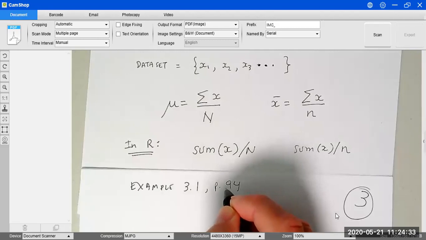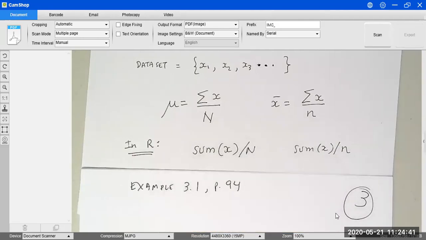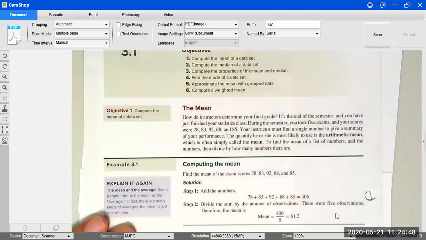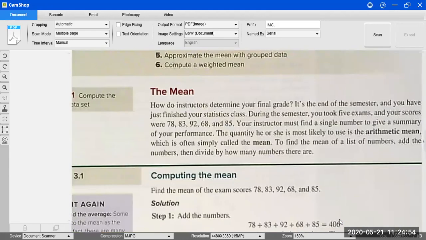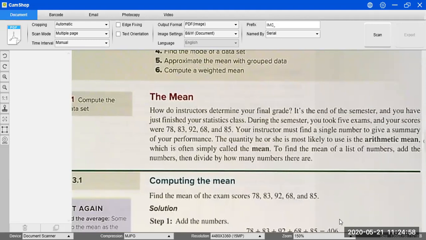So example 3.1 is the following. Let me show you. It says that we are given 5 values. Find the mean of the exam scores: 78, 83, 92, 68, and 85.